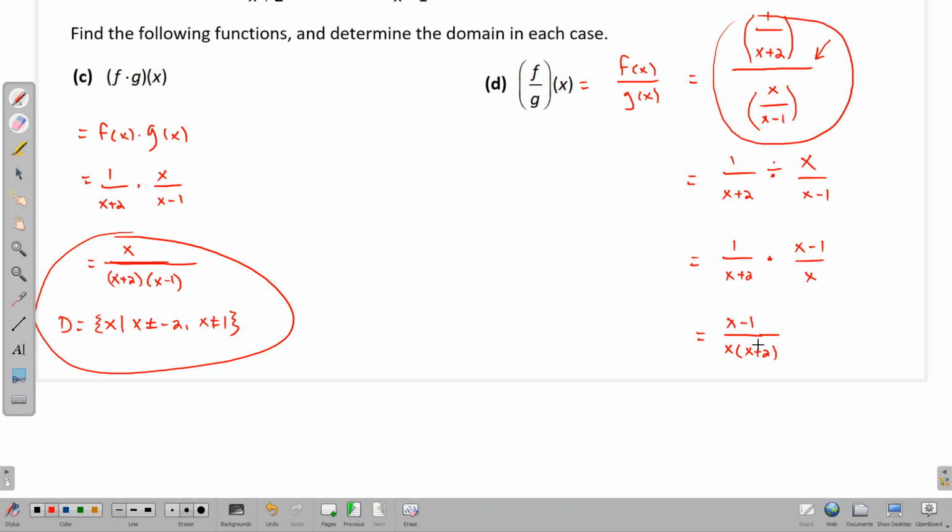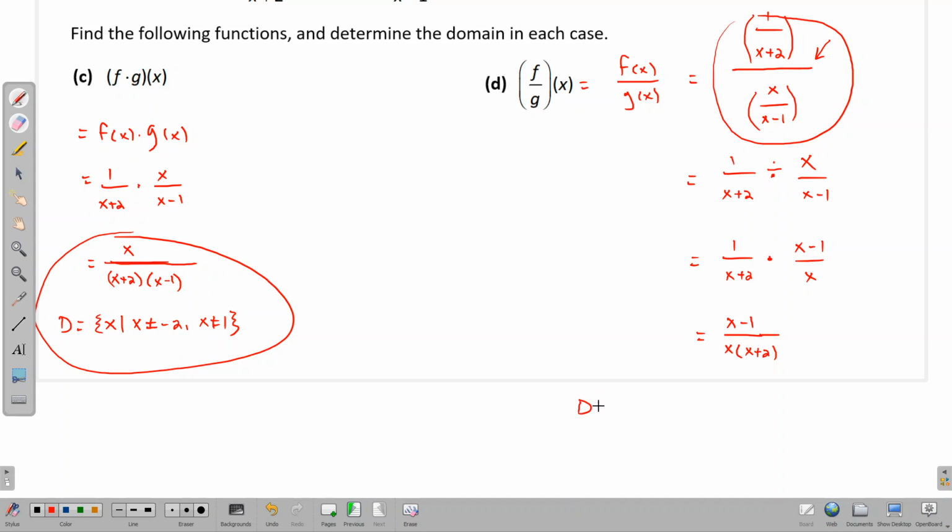You can't see that part anymore. So you need to go back to the step before you did any simplifying at all and ask yourself, what is the domain of that expression? Now you can also see where the 0 is showing up, because if you plugged 0 into this expression, that would make the entire denominator of this big fraction equal to 0. So that's why we have to throw out 0, but you can also see it easily from this term.